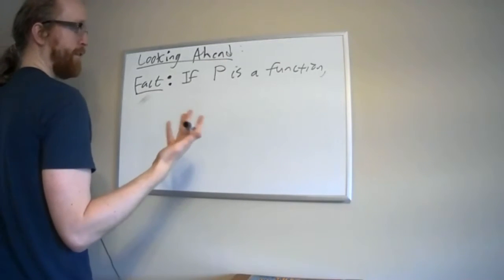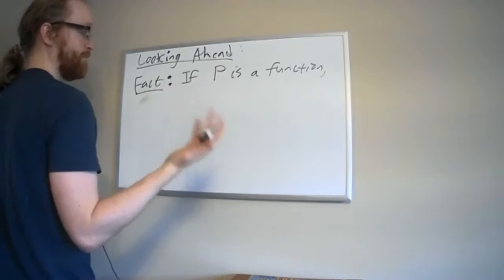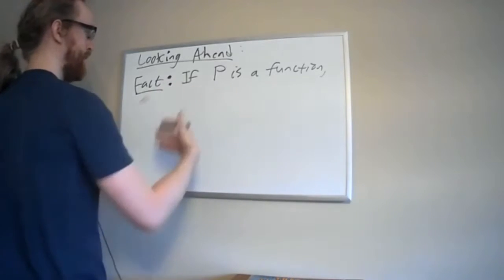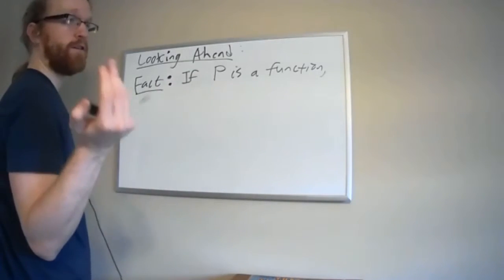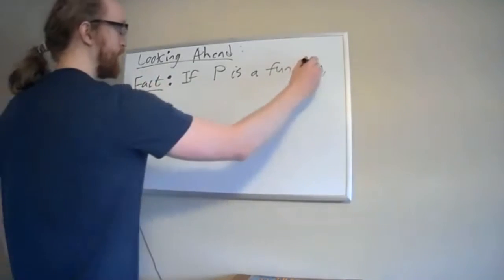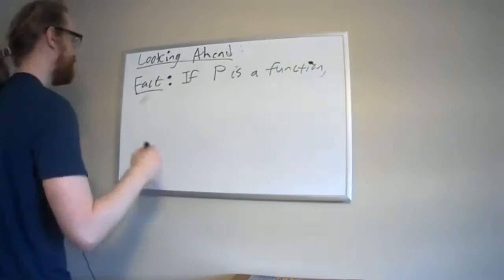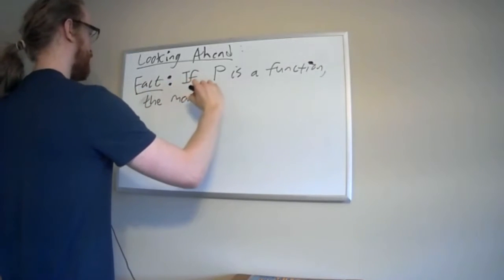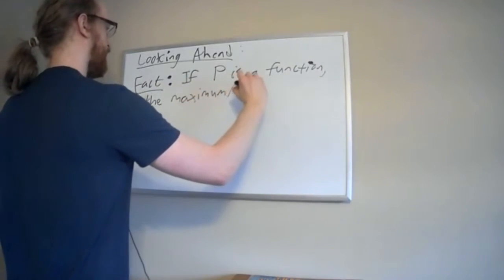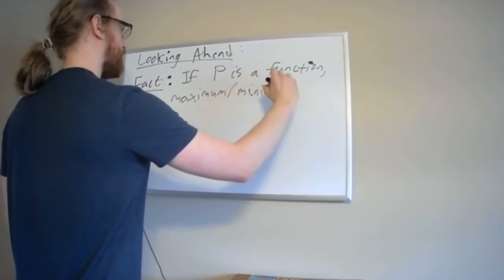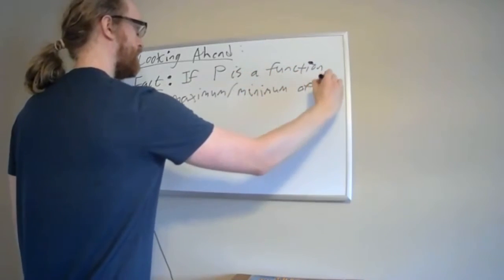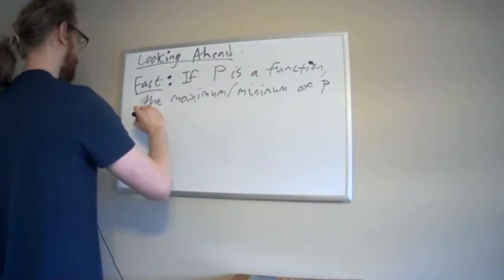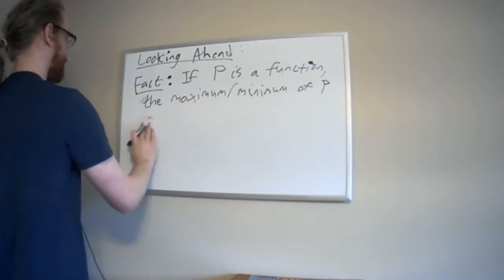So if I had some system of inequalities and I graph their feasibility set, and I give you some function like I will in the linear programming world, you'll be given a function that we want to maximize or minimize. It turns out that the maximum and minimum of P are at a corner point.